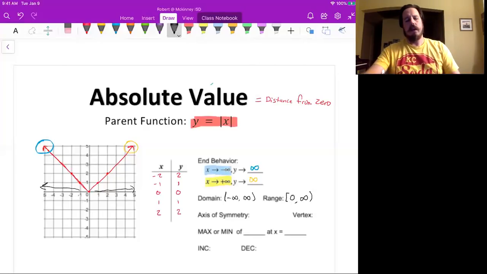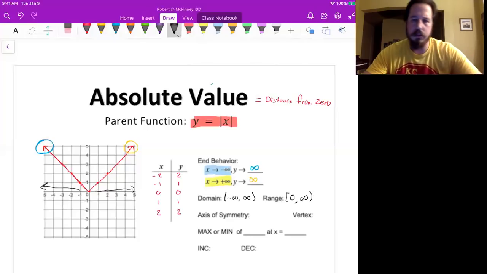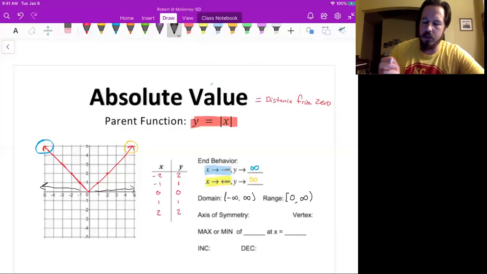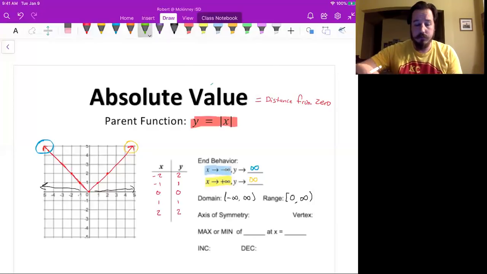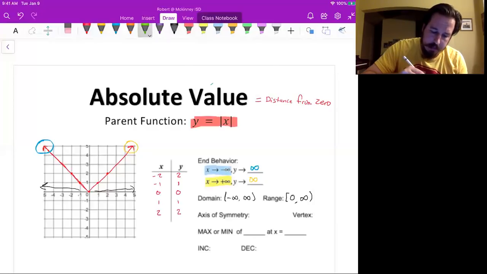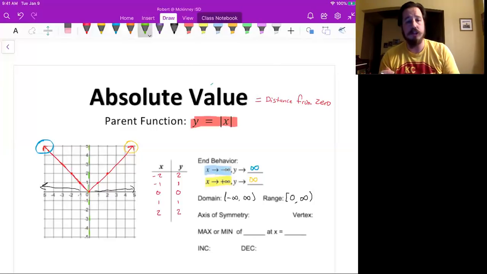Okay. The axis of symmetry, or AOS as it might be called from time to time. Well, if you remember, symmetry means a line on which a thing can be folded so that they are the same. Here, my axis of symmetry comes right down the middle of this V shape.